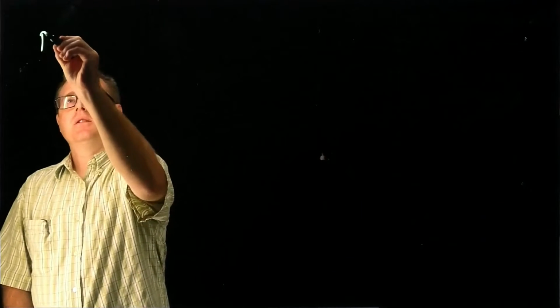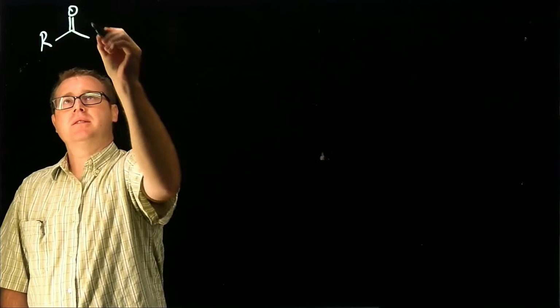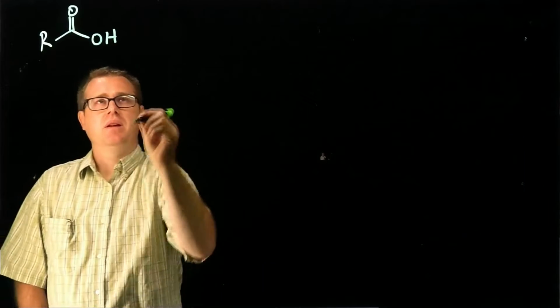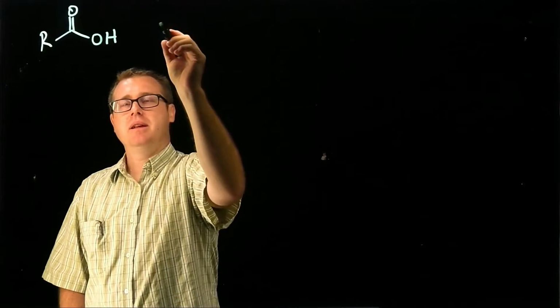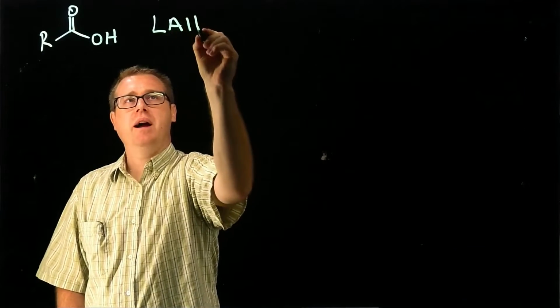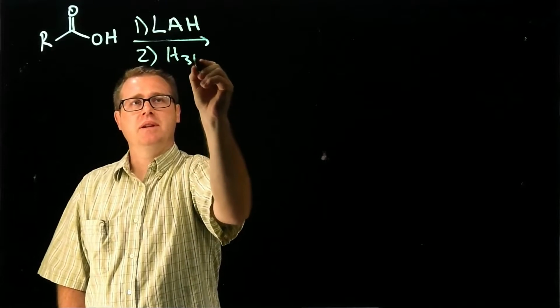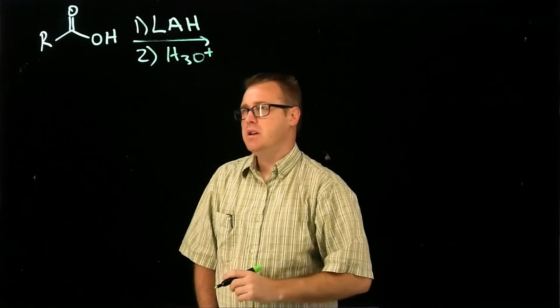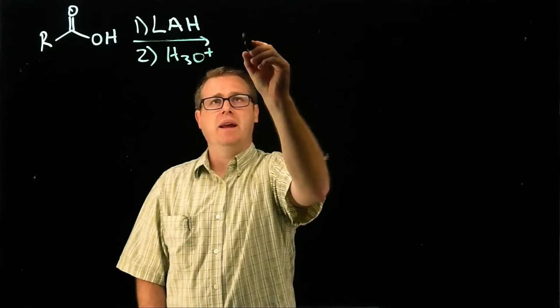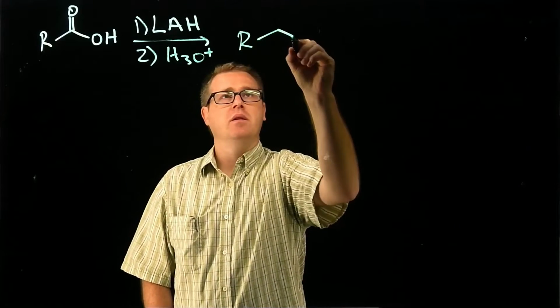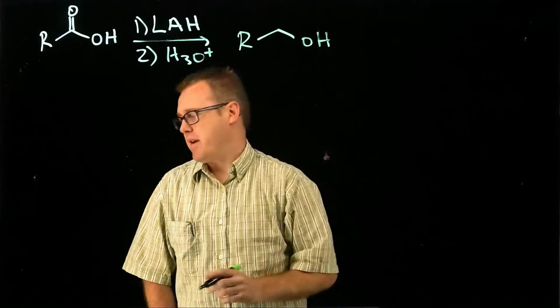Now let's take a look at reactions with carboxylic acids. So if we have a generic carboxylic acid here, and we treat it with lithium aluminum hydride, and then do step 2, an acidic workup, what we generate is a primary alcohol.